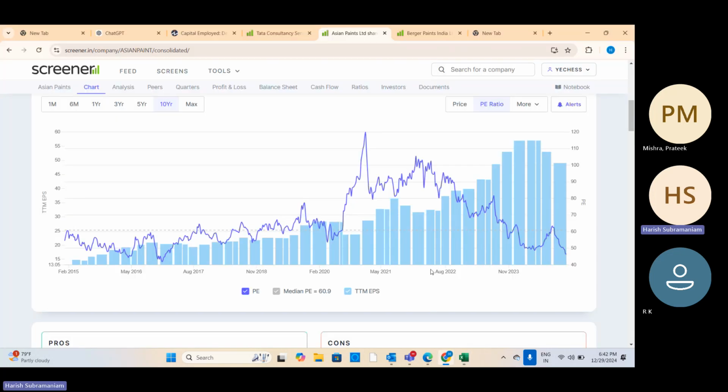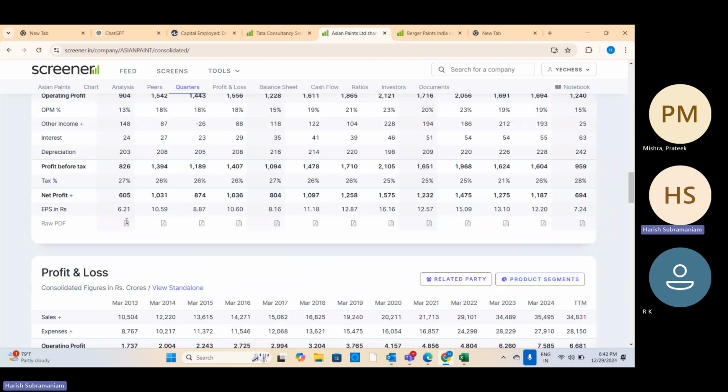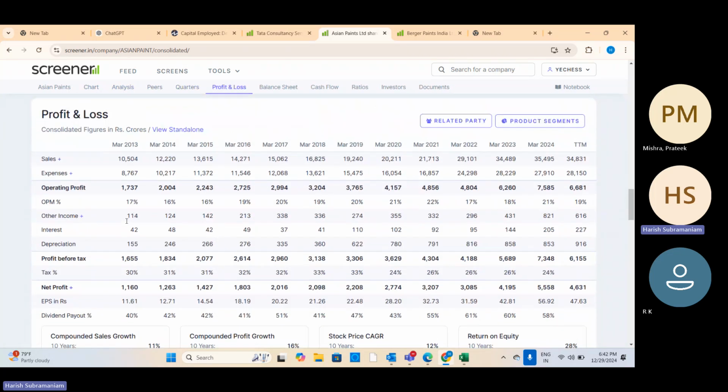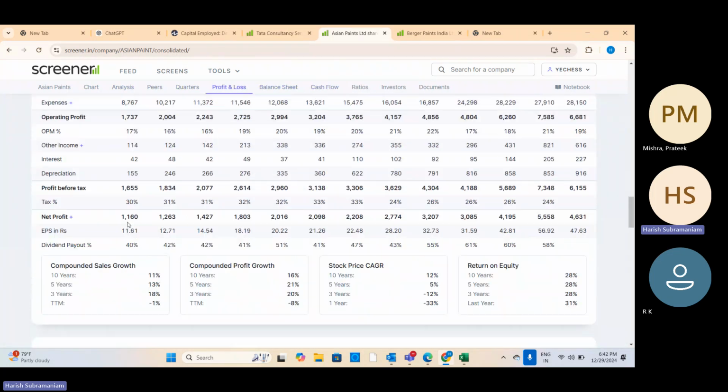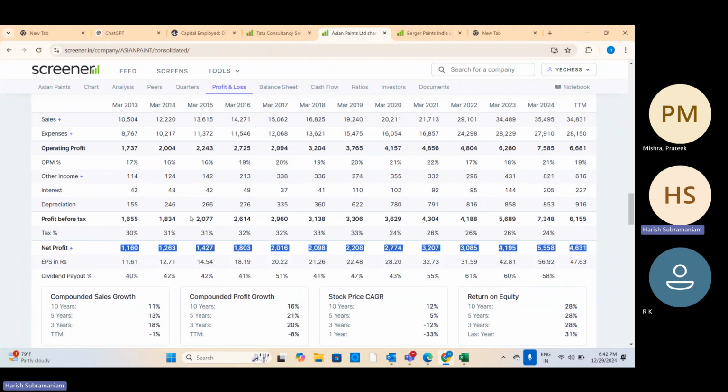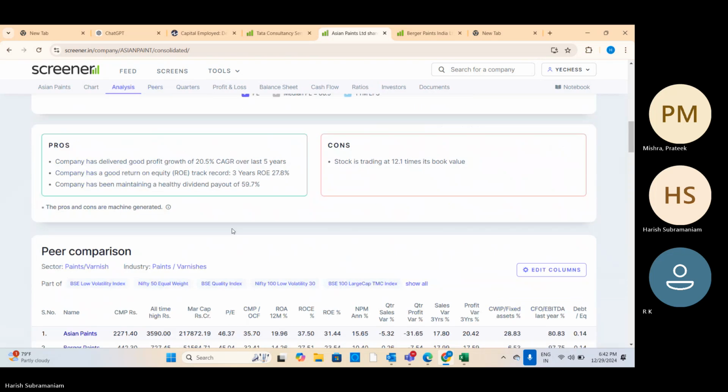Now, typically, how do we use the price to earnings ratio? In an average case scenario, there is this number. You see this little dotted line over here. This dotted line gives the mean of the price to earnings, right? So we look at companies which are profitable year on year. We can see over here, Asian Paints is profitable year on year, and it's made a huge amount of profit every year, more than 1,000 crores, even 10 years back.